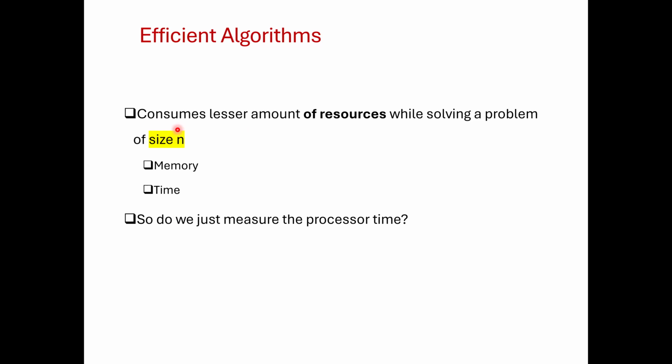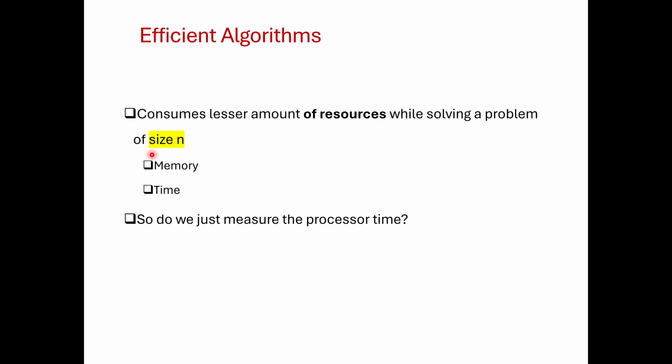So the algorithm that consumes the lesser amount of what? Resources while solving a problem of size n. And what are these resources? Memory and what? Time is said to be the most efficient algorithm. Now we say a problem of size n because for us to be able to evaluate efficiency, they must all be solving the same problem.